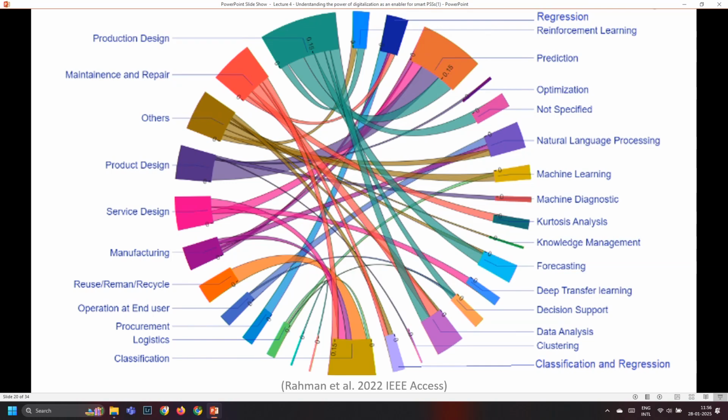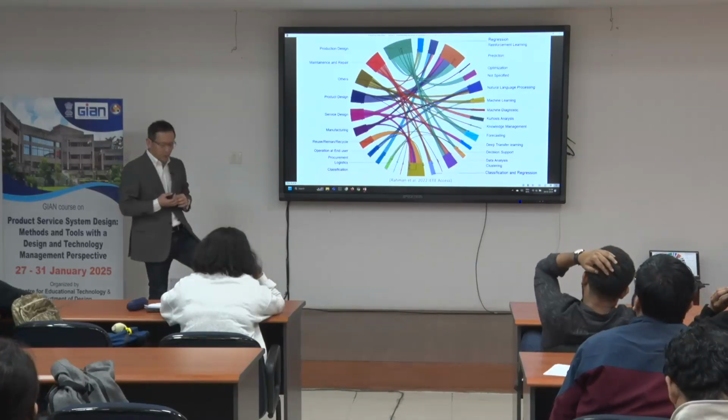Okay, and we looked into different research works related to the application of AI technologies to different lifecycle phases. We found that there are quite a few research works that have applied different AI technologies or data analytics methodologies to different phases.